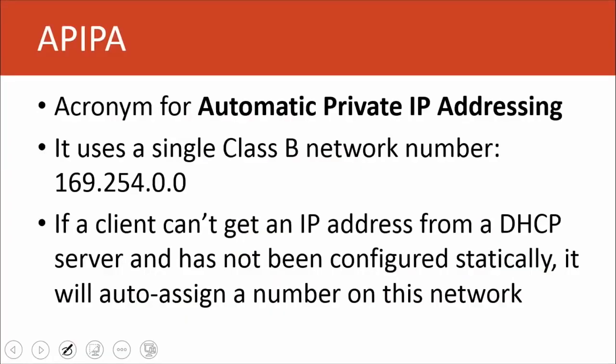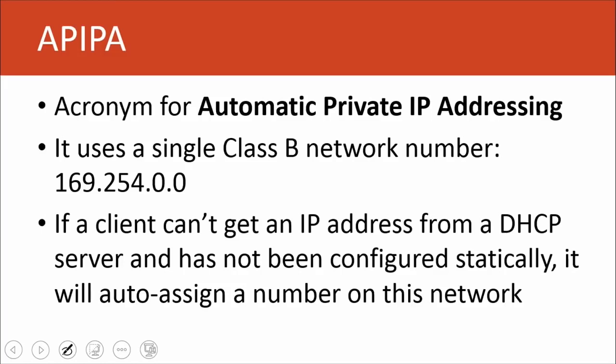There's another reserved network, right? It's in Class B. It's called automatic private IP addressing, or APIPA. If a client can't get an IP address from something called a DHCP server, which is a Dynamic Host Configuration Protocol server, and an IP address hasn't been configured statically, then it auto assigns this number to itself on the network.